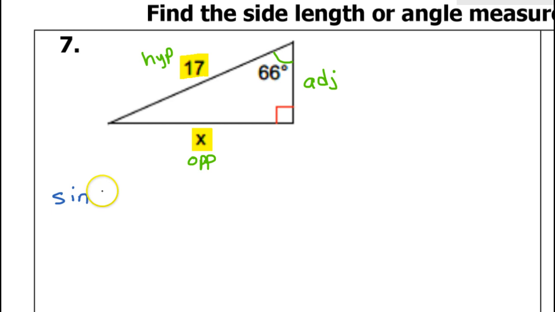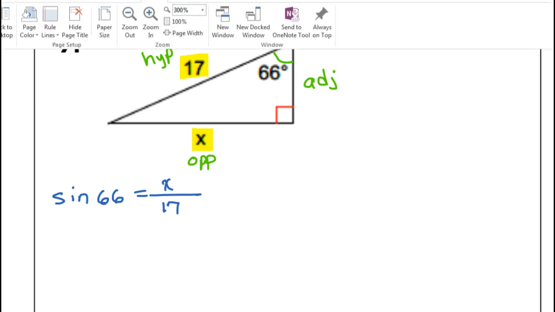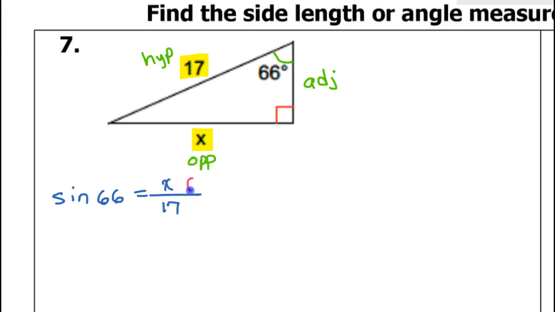So it goes like this. Sine of the angle, so sine of 66, is equal to opposite over hypotenuse, x over 17. When the variable is on top, this is when you multiply. You multiply by the denominator. That way these 17s cancel each other out. That gets x by itself.